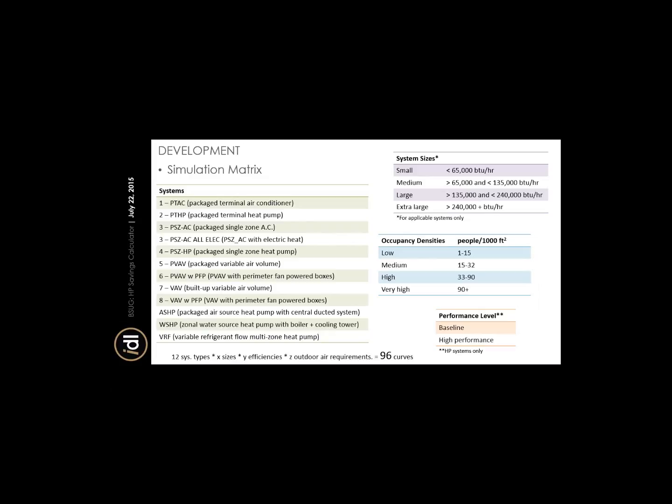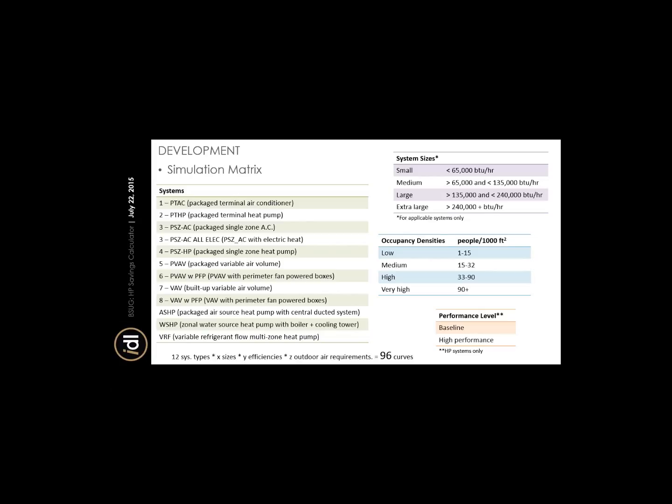So here are the systems listed in the green chart. We looked at, I guess, 11, 9, 12. That was a weird counting, but 12 total. And then we wanted to make sure we looked at different sizes, occupancy densities, and performance levels for some of the systems.